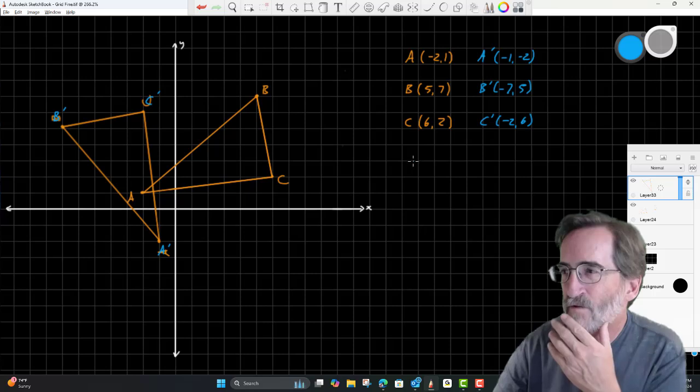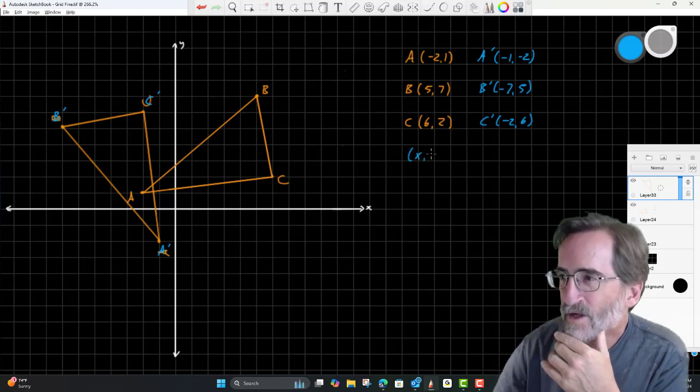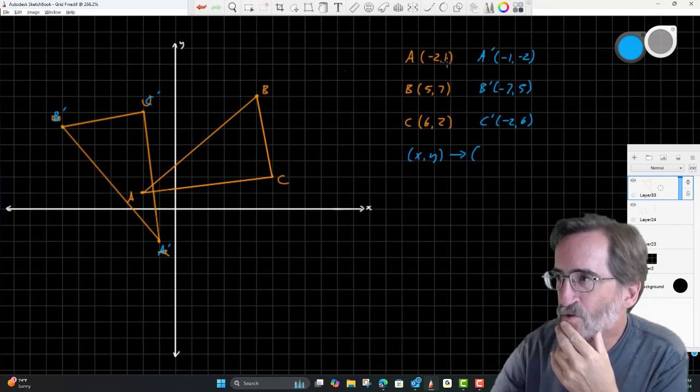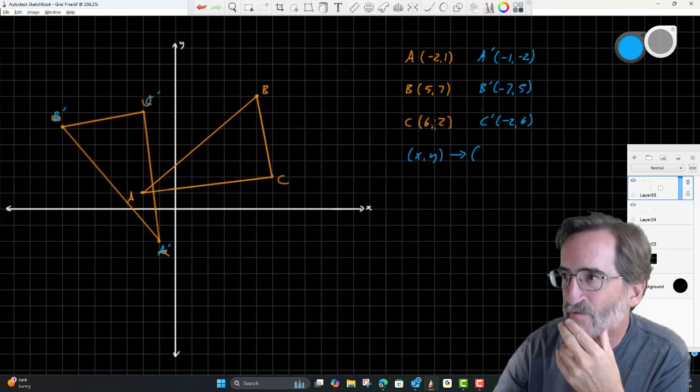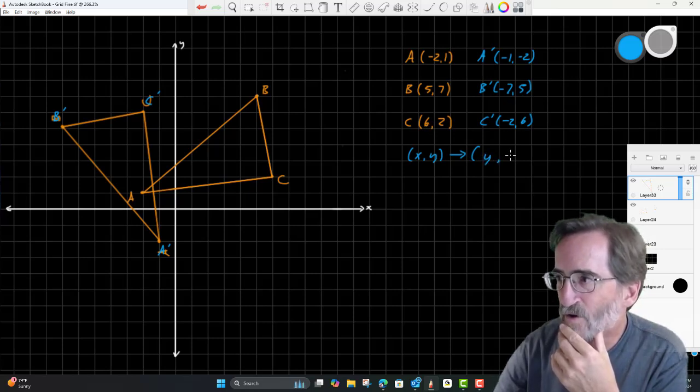So take a look carefully at what happened. In (x, y), first of all, the 2 and the 1 switched and became 1 and 2. 5 and 7 switched and became 7 and 5. 6 and 2 switched and became 2 and 6. So it becomes y followed by x. But notice the -2 stayed the same while the 1 changed signs.